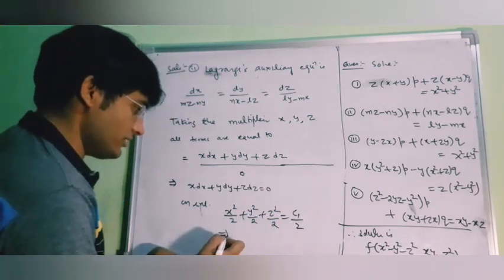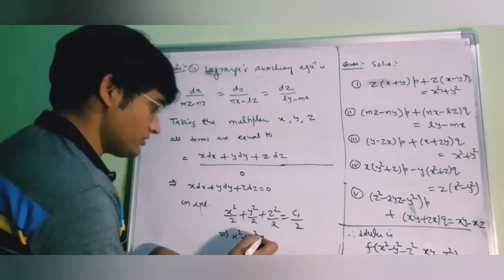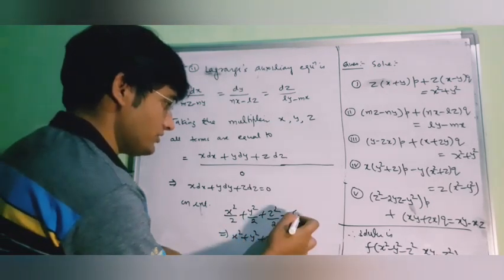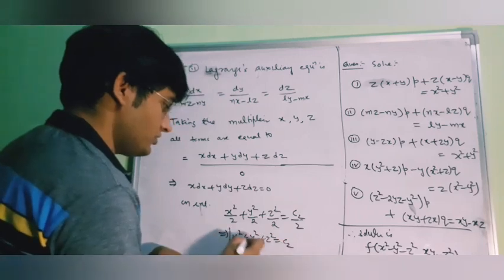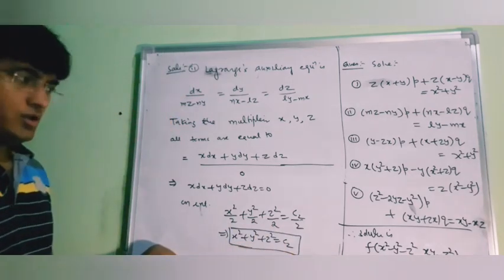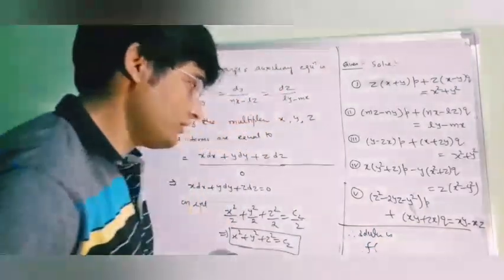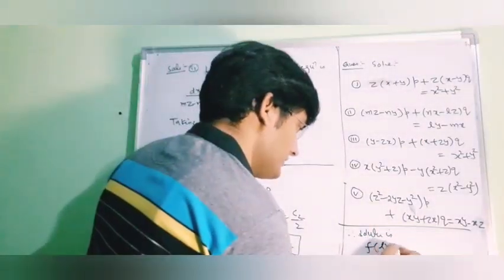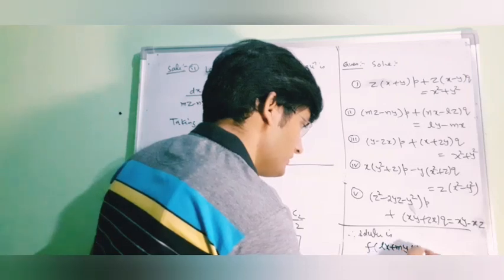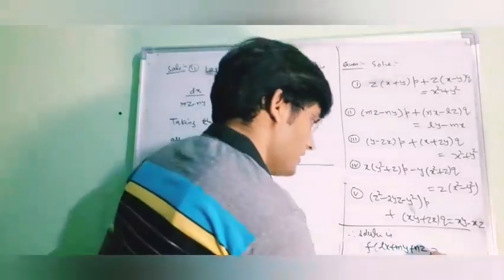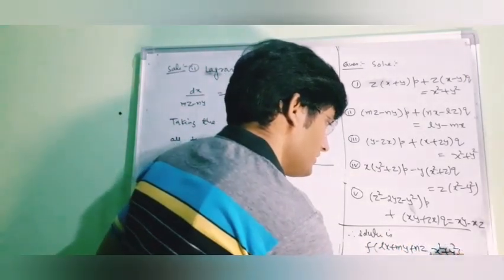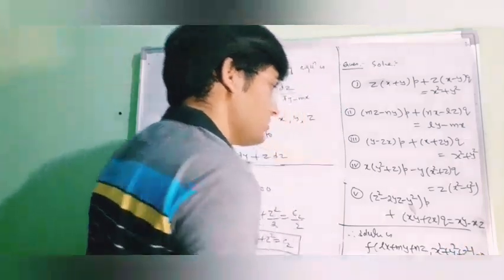So from here you will get x square plus y square plus z square equal to, say, some other constant c2. So this is your second solution. Thus your final solution will be, the first was lx plus my plus nz, and the second is x square plus y square plus z square equal to 0. So this is your solution.